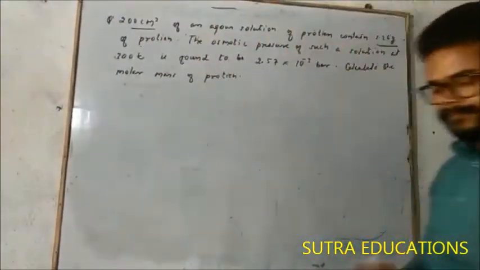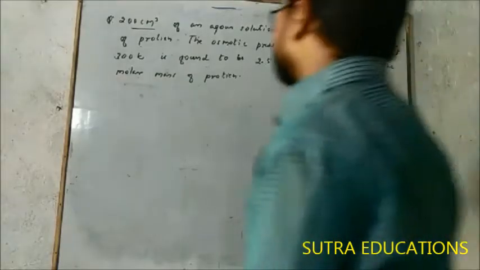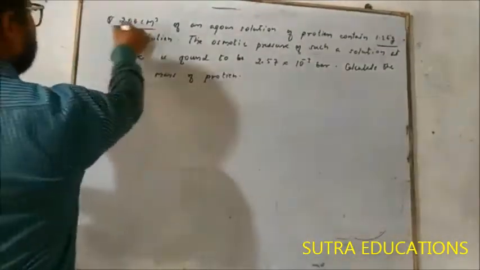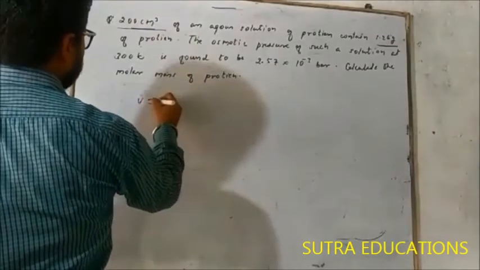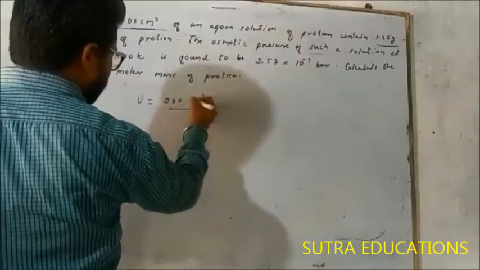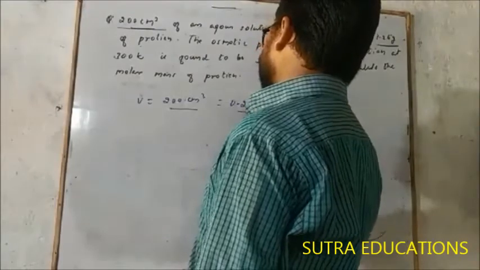Getting this? So the question is, volume is given equal to 200 cm cube, which in liter is 0.2 liter.